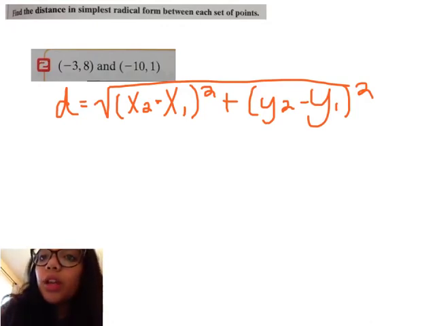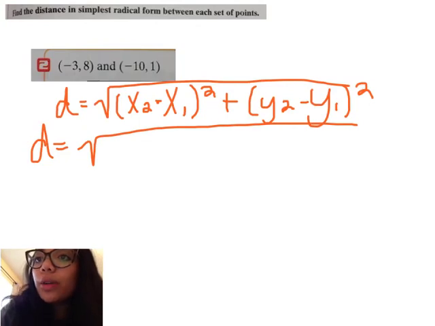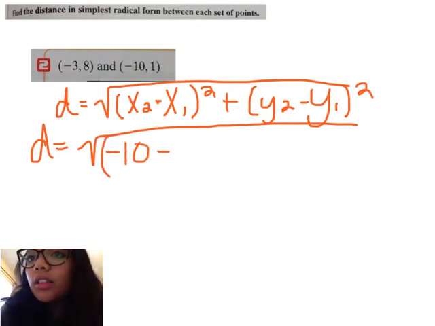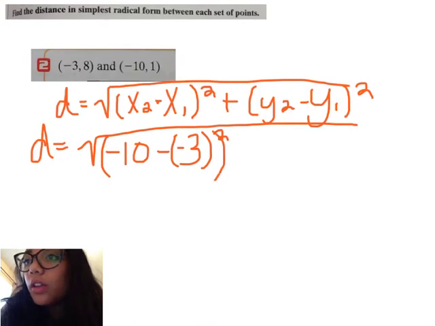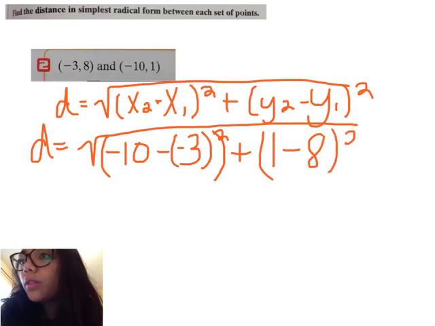Alright, so you should have plugged in distance equals the square root of x2, which is negative 10, minus negative 3, squared, plus y2, which is 1, minus y1, which is 8, squared.